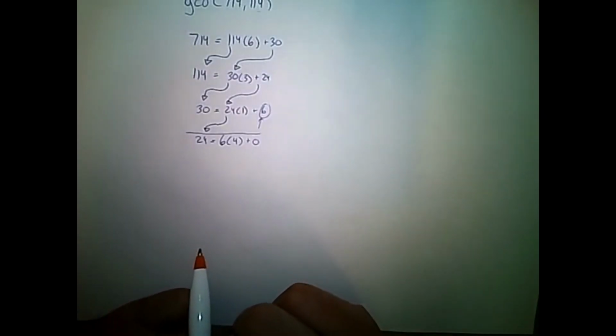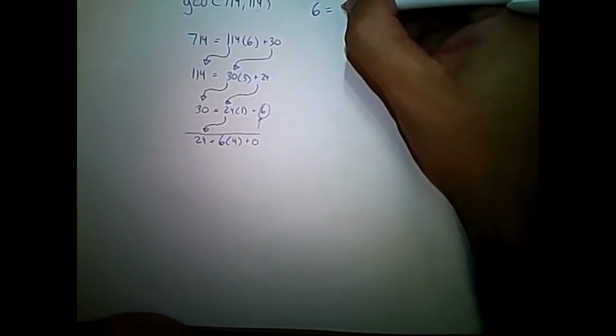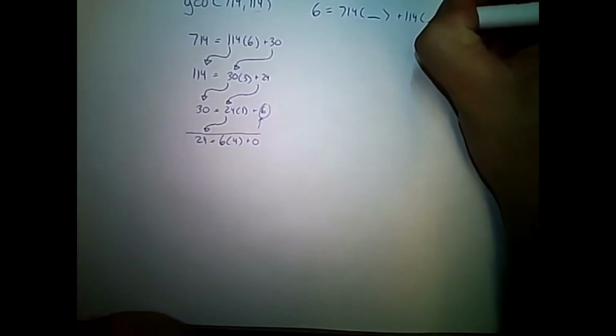So if I want to use Euclid's extended algorithm, I want to solve for the equation such that I get the number 6, which is our greatest common divisor, and set it equal to 714 times some value, plus 114 times some other value.